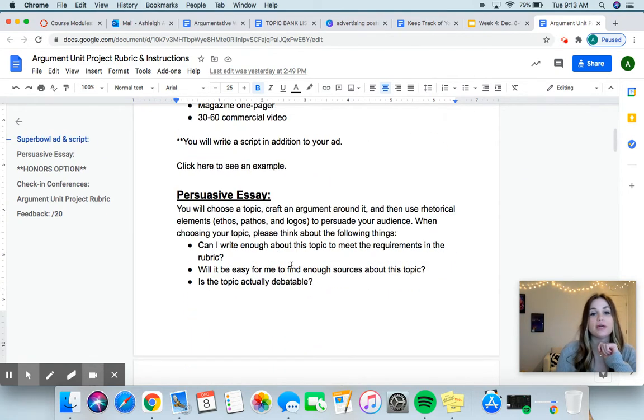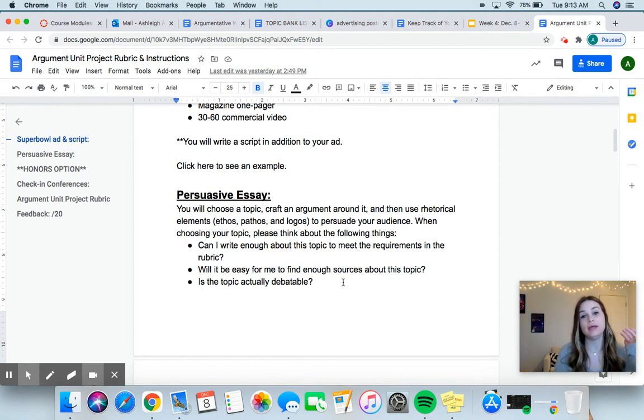If you are choosing a persuasive essay, you will pick a topic, you will craft an argument around it, and then you will use rhetorical elements, ethos, pathos, and logos to persuade your audience. When you choose your topic, I want you to think about the following questions to make sure that you are picking something that will actually have a means to be persuaded on.